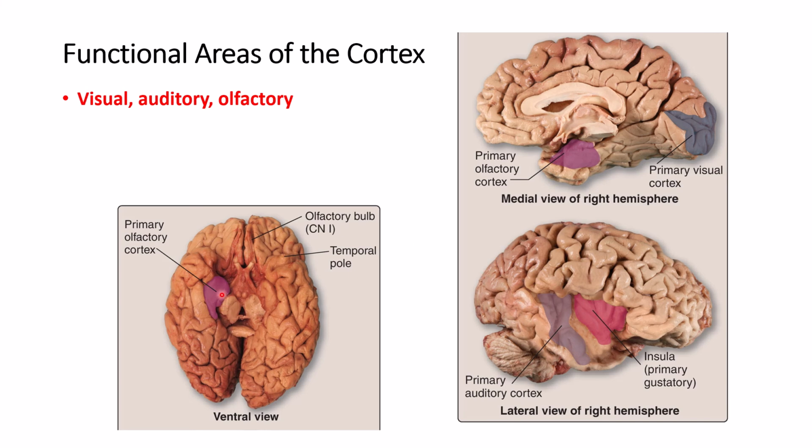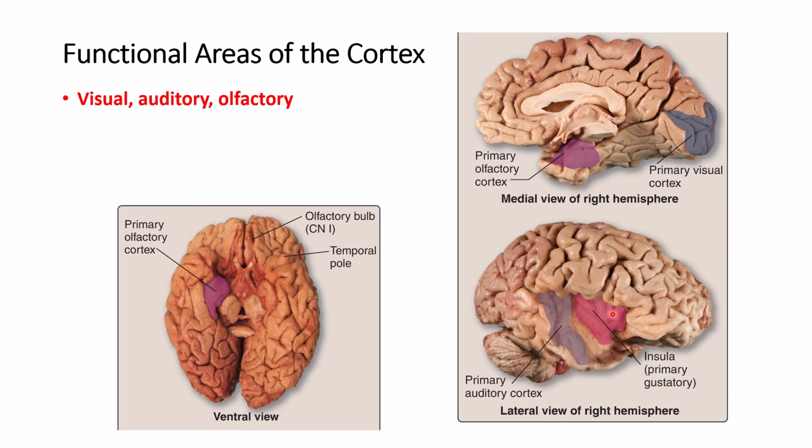You have the olfactory cortex, and that is in the medial part of the temporal lobe, but this is mainly part of the limbic system. It is getting information from the olfactory tract and olfactory bulb. And there is another one, the gustatory area, which is inside the lateral sulcus. If you open the lateral sulcus, this is the area that you can see.